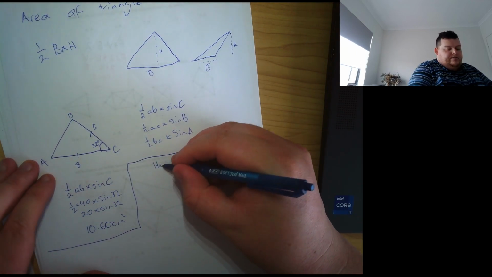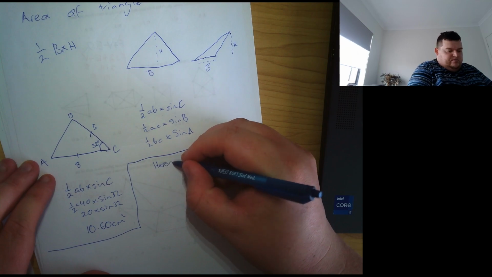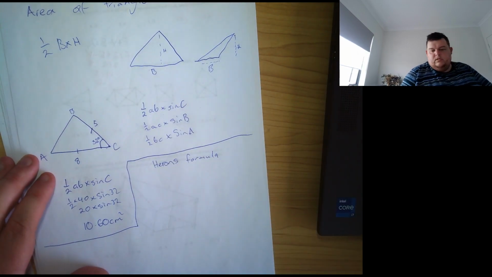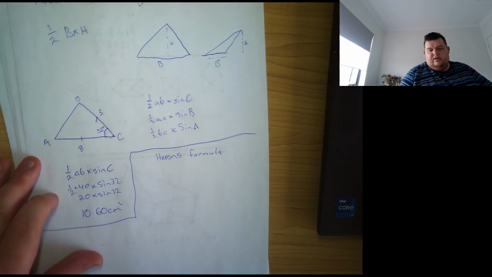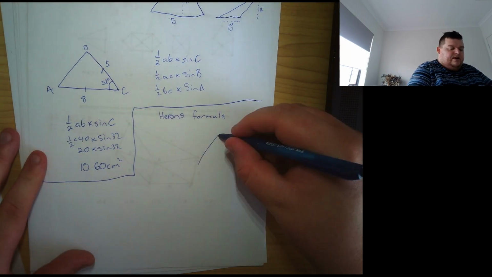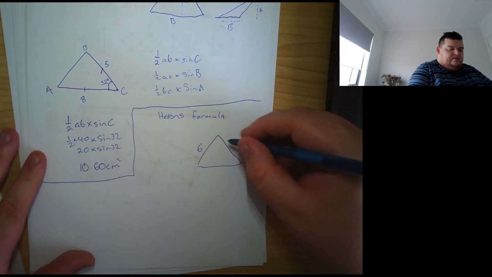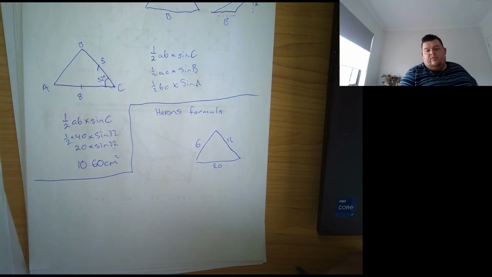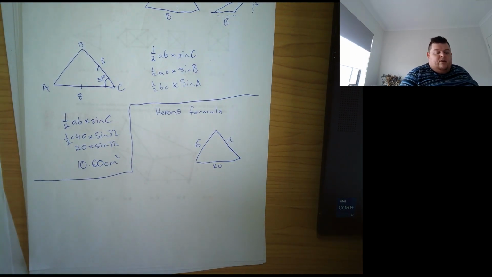This is called Heron's. Is it two R's? No, it's just one. Heron's formula. Just trying to make sure this is in shot as well. Yeah, beautiful. And this is where you have a triangle with all three sides, but you have no angles.